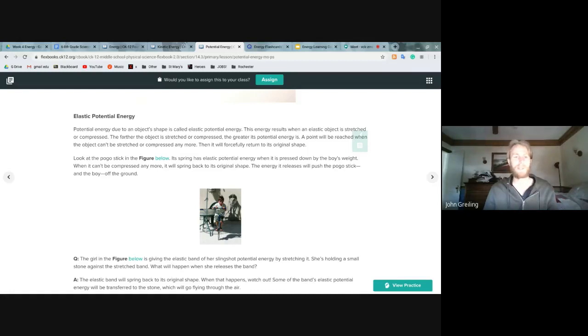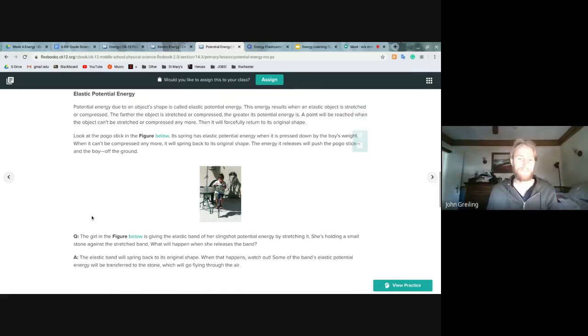A point will be reached when the object can't be stretched or compressed anymore. Then it will forcibly return to its original shape. Look at the pogo stick in the picture below. Its spring has elastic potential when it is pressed down by the boy's weight and it springs back. The energy is released into the stick and the boy, and boing, he's flying off.